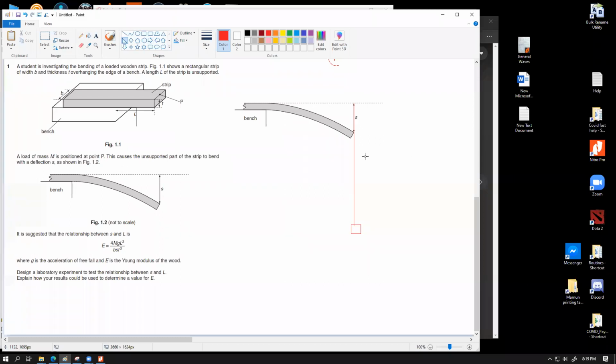You can use a set square in touch with the plumb line. For example, this orientation is causing trouble, so flip it vertically. Yes, let's say you take the measurement like here.